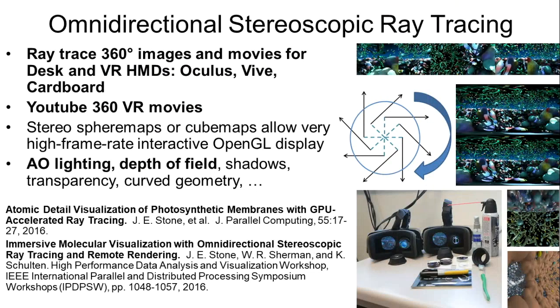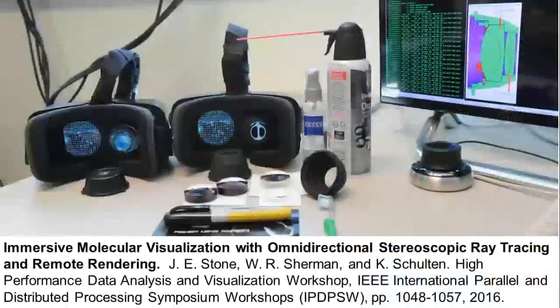So you can display them with Google Cardboard, or even with a plain web browser you can rotate the movie and view it in all different directions. That gives you the freedom to turn your head around and look at different things. And you retain all the same lighting and shading features you had in a conventional molecular graphics movie, but now you can explore and make omnidirectional movies of your simulations.